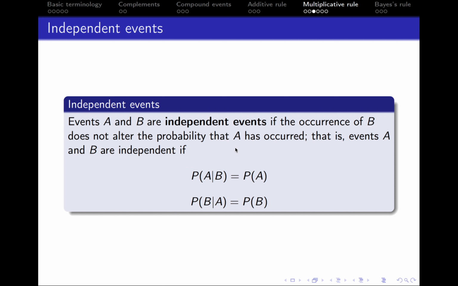If event A happens, it will have no effect on the probability of event B. So whenever we calculate the conditional probability for these two events, the probability of A given that B has happened will be just equal to the probability of A, and vice versa, the probability of event B given that event A has happened will be just equal to the probability of event B.